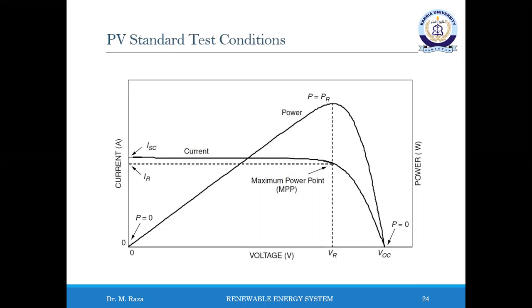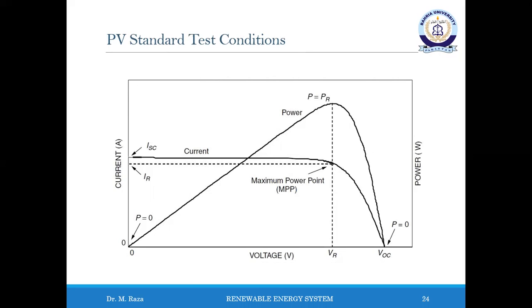Consider the moment a single PV module that you want to connect to some sort of load. The load might be a DC motor driving a pump or it might be a battery. For example, before the load is connected, the module sitting in the sun will produce an open circuit voltage, but no current will flow.